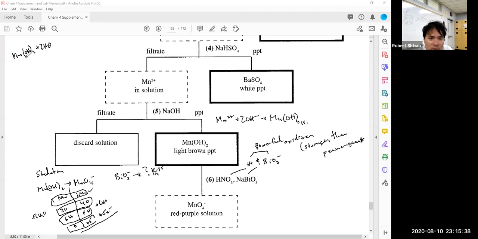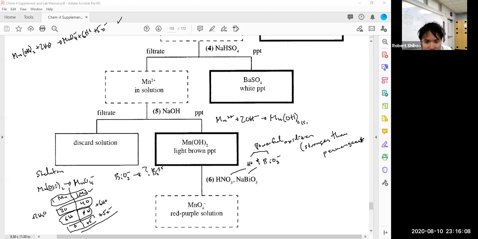This is an insoluble solid. Yields permanganate plus 6H plus plus 5 electrons. Then we just check atoms are balanced: 1 manganese, 6 hydrogens, 2 plus 2 is 4 oxygens, and then 0 charge, -1 plus 6 is +5 and the 5 electrons make 0 charge. So this is balanced here.